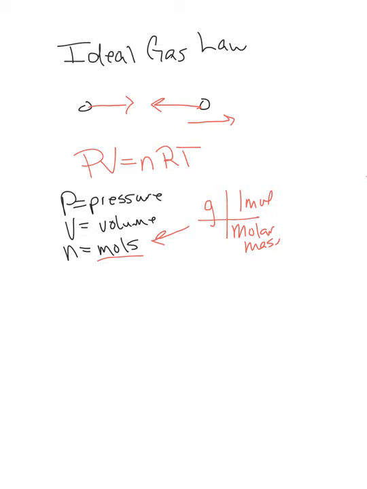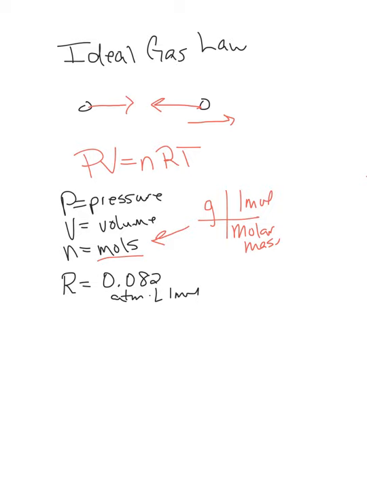Then we have R, which I will get back to in just a second. R is a gas constant, and depending on your unit of pressure, if your pressure is in atm, this is like atm per liter per mole per something. This is always going to be a constant number.